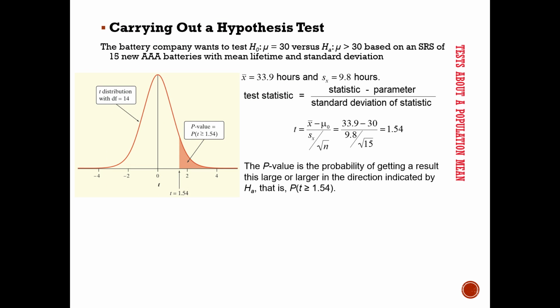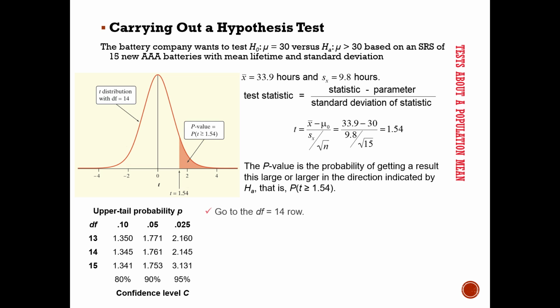Now we're going to have to go to our tcdf, and we're going to run a tcdf from 1.54 to, you guessed it, infinity. So this is a t-distribution, again, with degrees of freedom equal to 14, and we're looking for the probability that that t-value would come out 1.54 or higher. Now they're going to show you how to do this with the table.